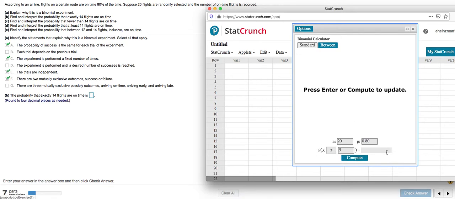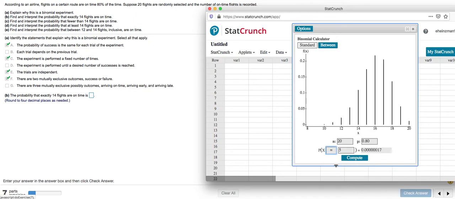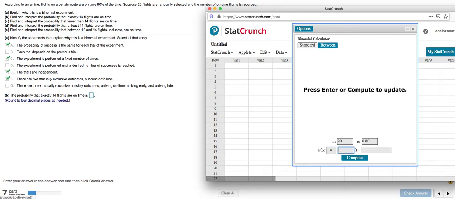And lastly, down here, this is where we're going to use this 14. To say exactly 14 means I don't want a less than or equal to or greater than. I want only equals. So this is like saying the probability that your random variable is exactly, and I'll put the number 14.